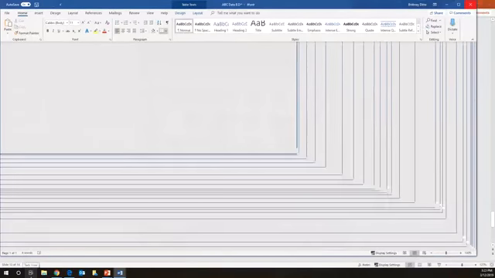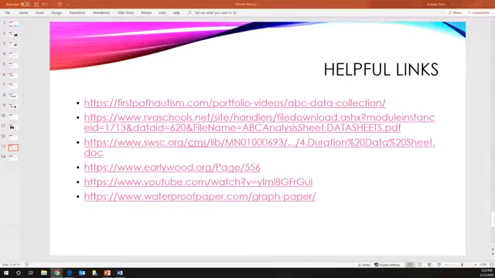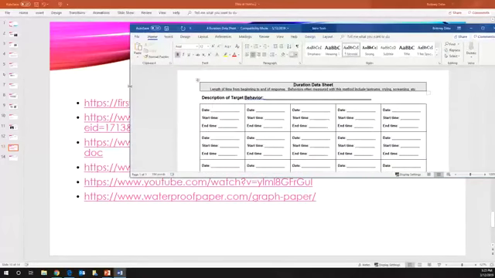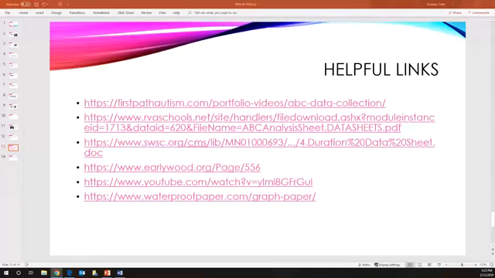Or, whoa, sorry, y'all. Here's a duration sheet. You can use that if you guys want. I've also put in a free graph paper download. All you have to do is go to the page and print it. If you want to use Excel to graph your data, there is a link teaching how to do Excel.